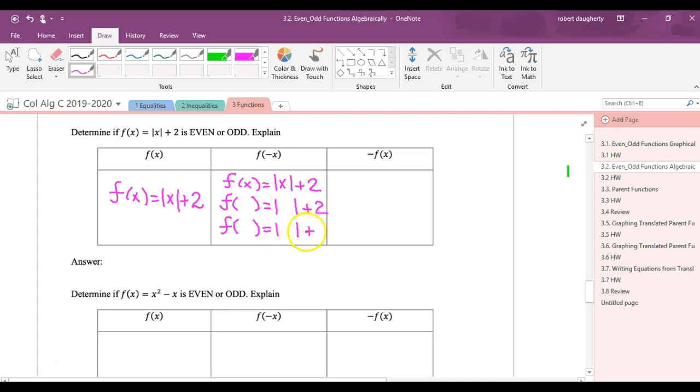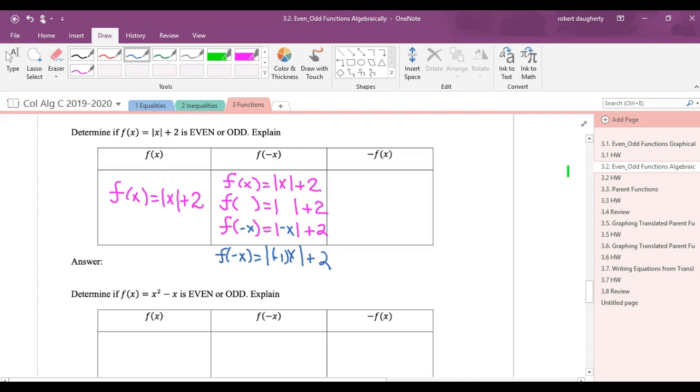Yeah, a negative x. So I'm going to just change colors. f of negative x equals the absolute value of negative x plus 2. Now, here's where you have to think. So the absolute value of negative x. So this is f of negative x, equals the absolute value of negative 1 times x plus 2.